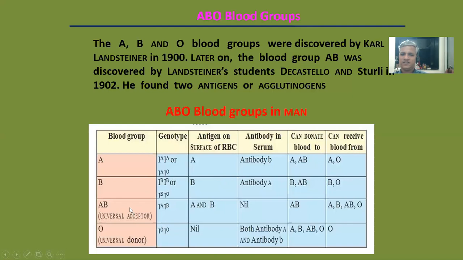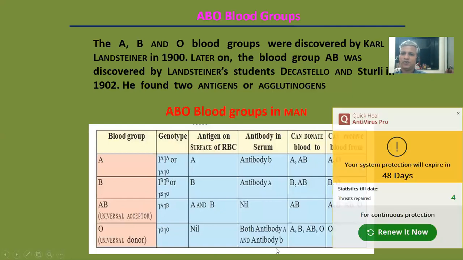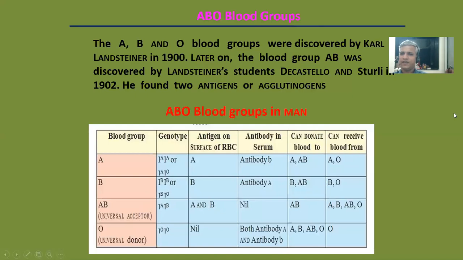The persons with blood group AB can donate blood to the person having the blood group AB only. But these persons can receive blood from the persons having blood group A, B, AB, and O.